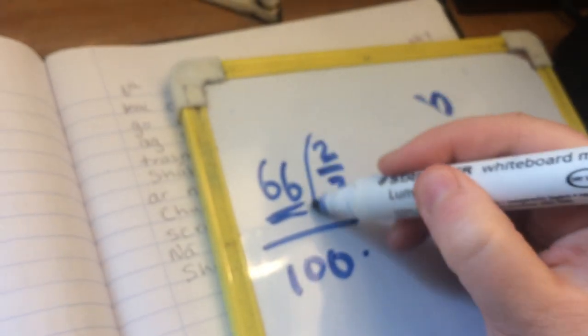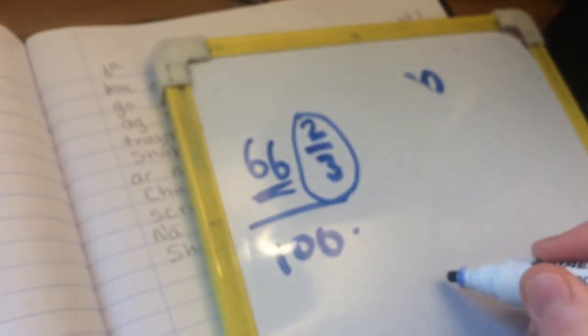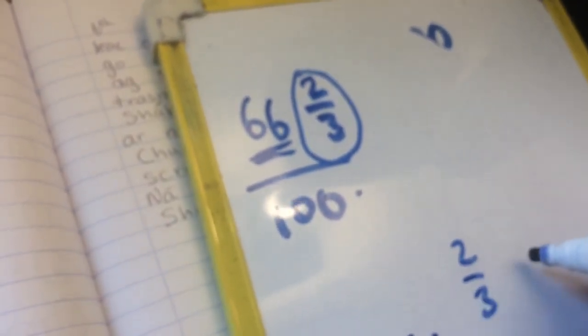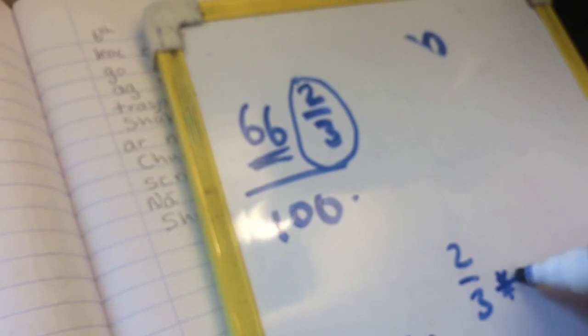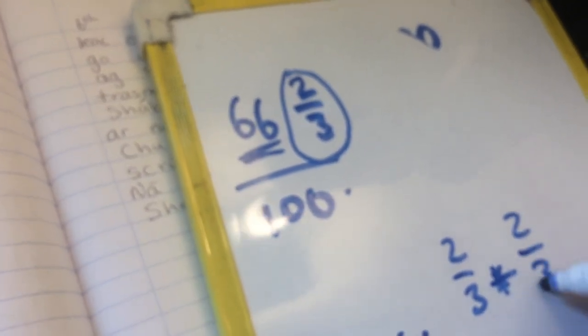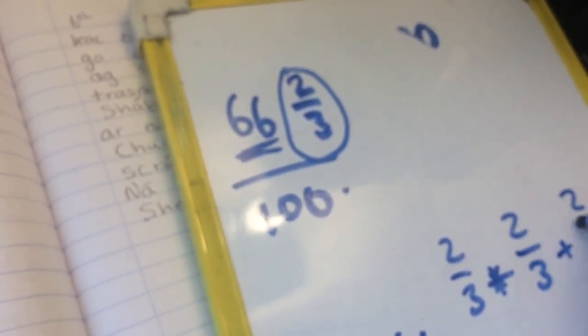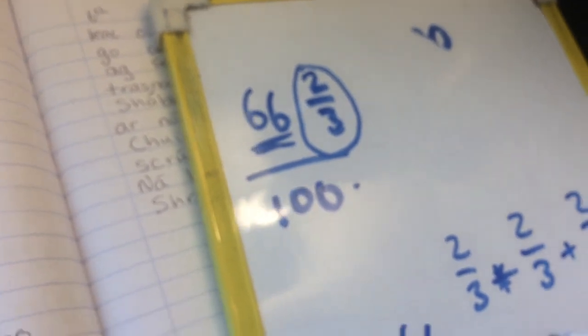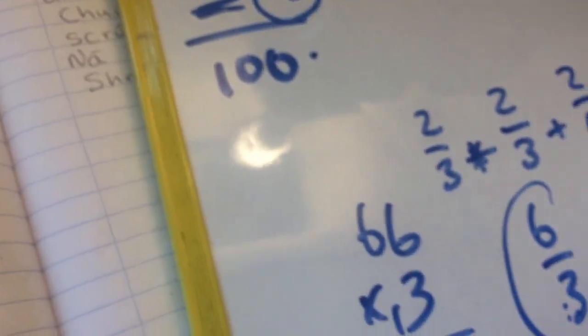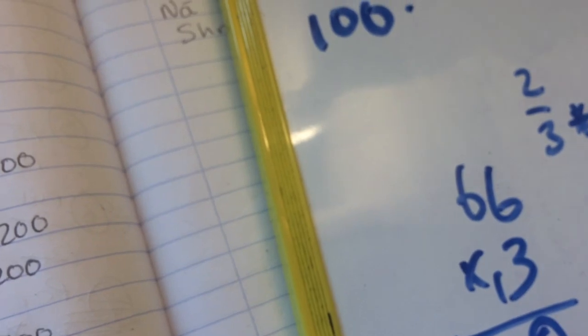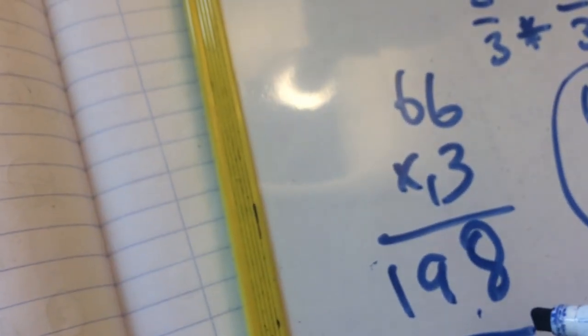198, and then if we multiply this by 3, so 2/3 plus 2/3 plus 2/3 is equal to 6/3, which is equal to 2. It makes a whole number out of that. So now we have 198 and we have to add 2 onto it.